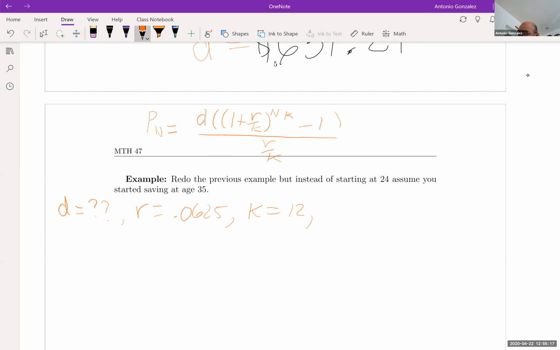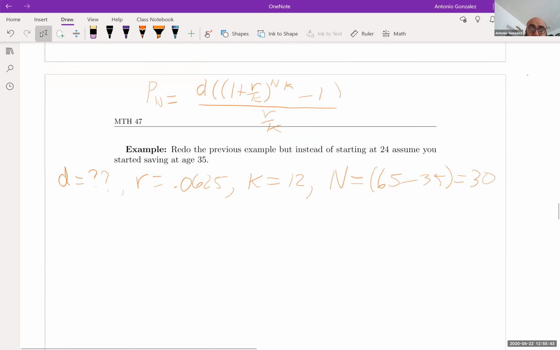The only difference here is N. I started at 35. So I'm going to give myself 30 years instead of 41 years. All right, and let's see how that affects how much I should start putting away.